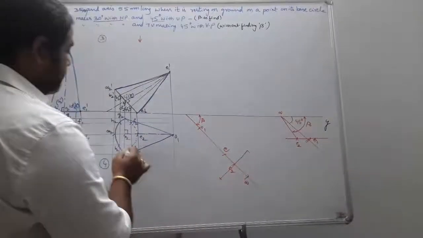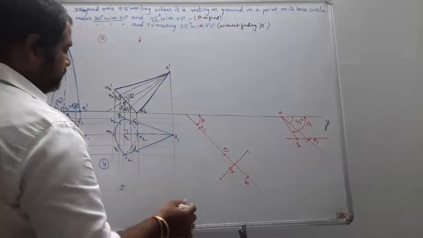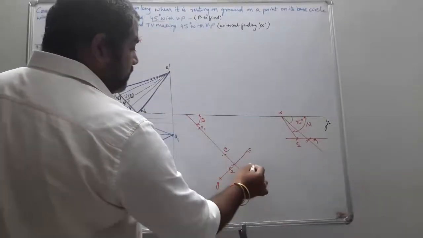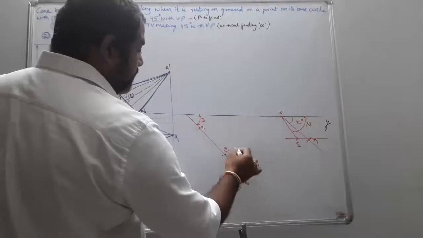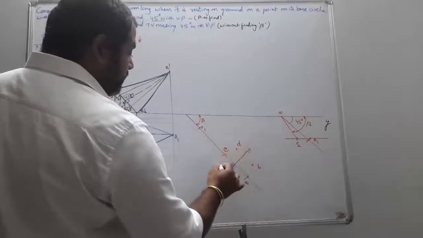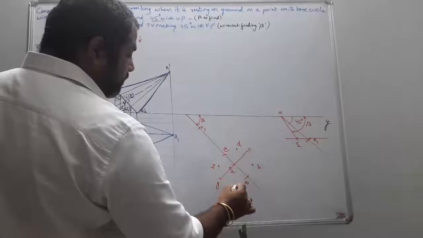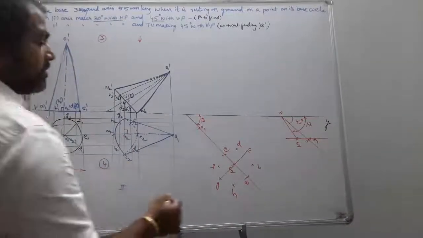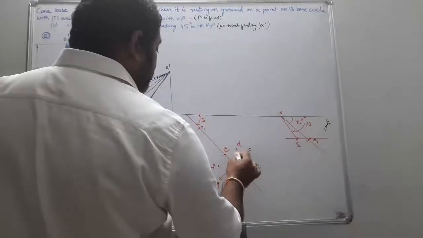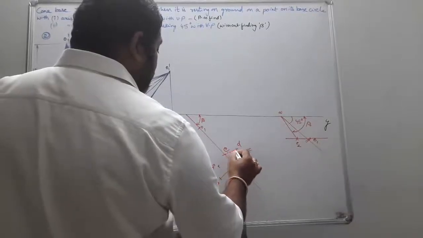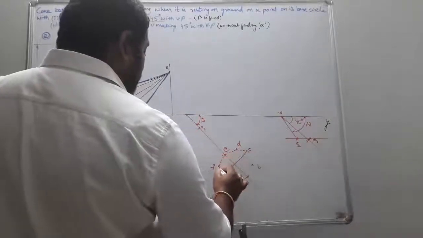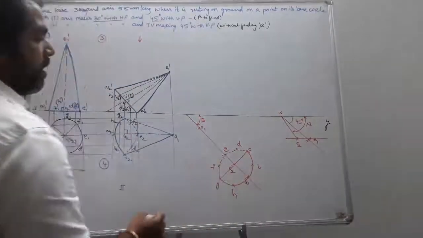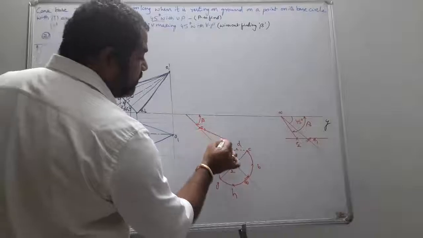So this becomes C and this becomes G. So this becomes your B, D, F. This becomes H. Now join all the points. And I just reconstruct the figure.